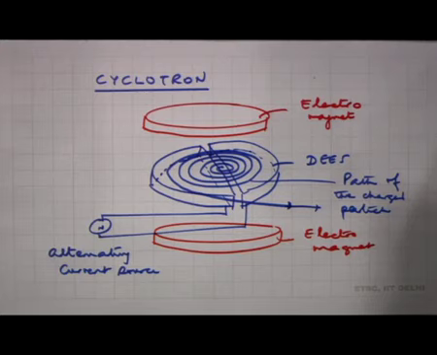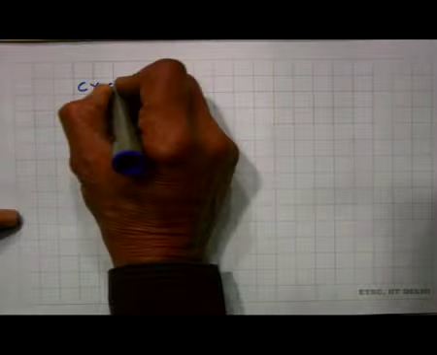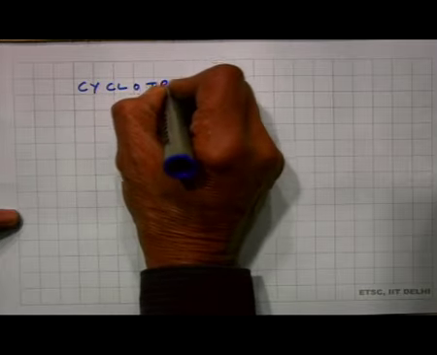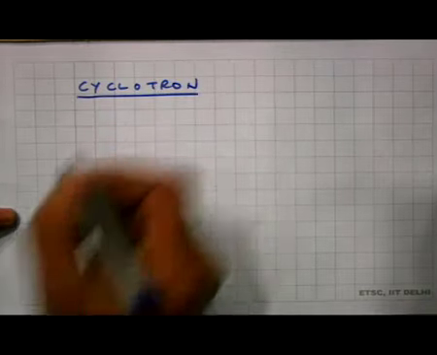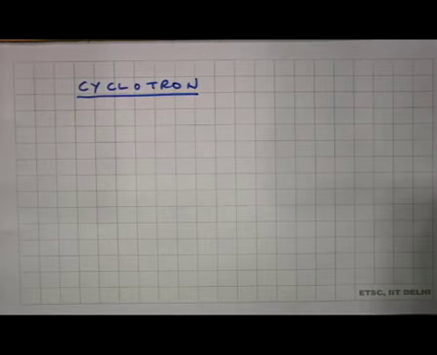So, we now discuss how the cyclotron works. Remember, we had defined a cyclotron frequency before. So, this is an accelerator which is called the cyclotron, and let me just draw you the construction of the cyclotron.